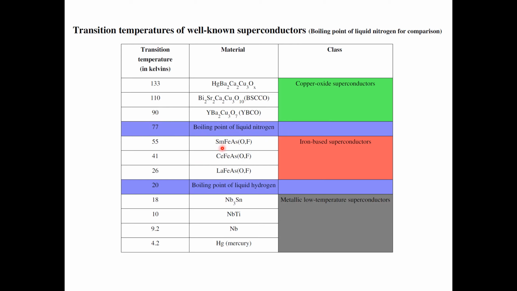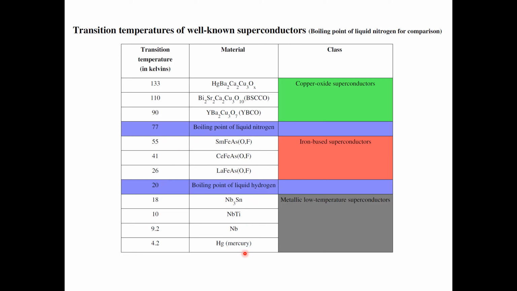Okay, now go down to the iron base, right here. The critical temperature is lower too. And here you have to submerge in the liquid hydrogen to get the superconducting phenomena.